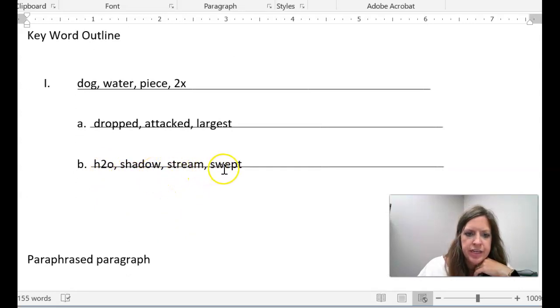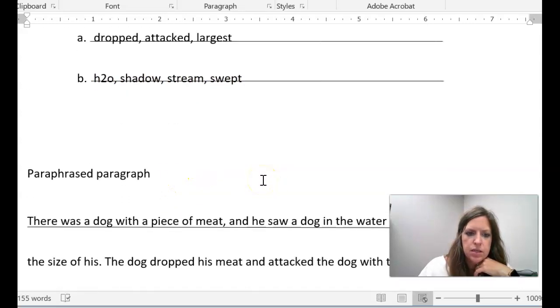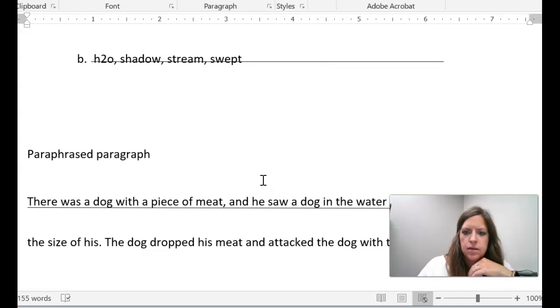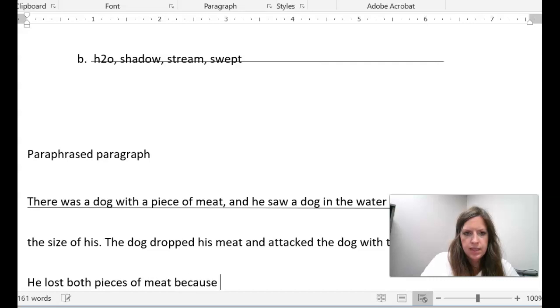Okay. Water, shadow, stream, swept. He lost both pieces of meat because his meat fell in the water and the other, oh, I almost forgot swept away.